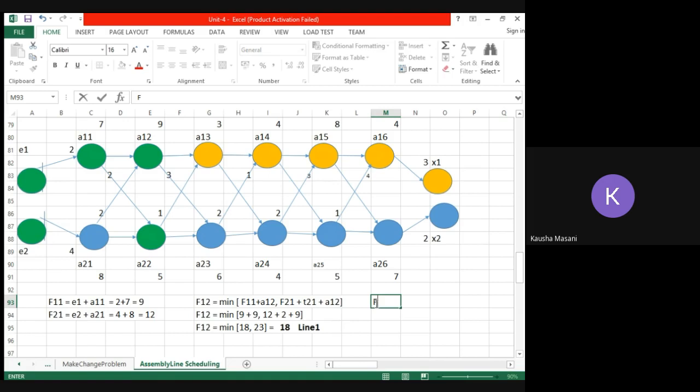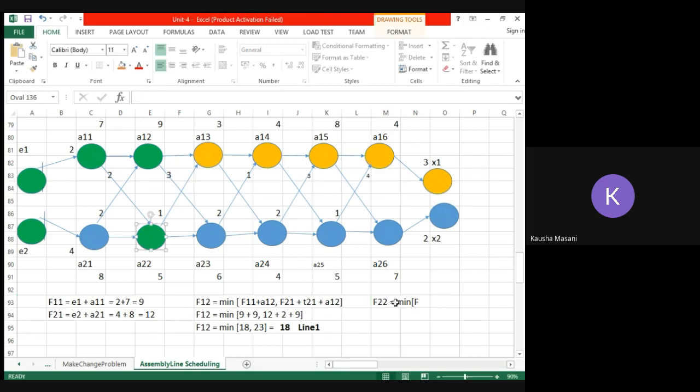Now take F21. Okay, F21. We are going to do the same thing. Okay, so F21 again equal to minimum of, if I'm maintaining the same assembly line, line 2, sorry, F22, my mistake, this station.